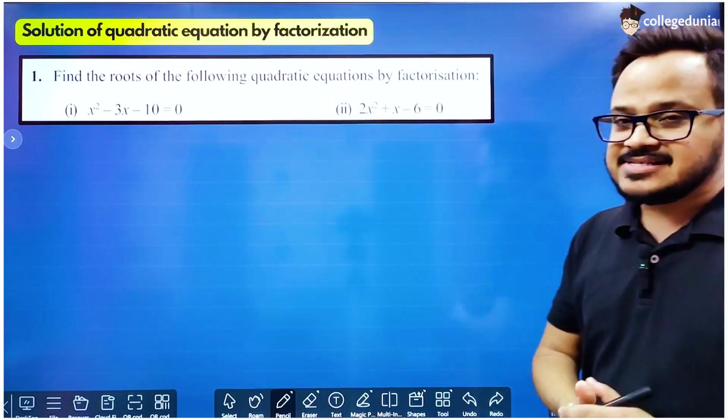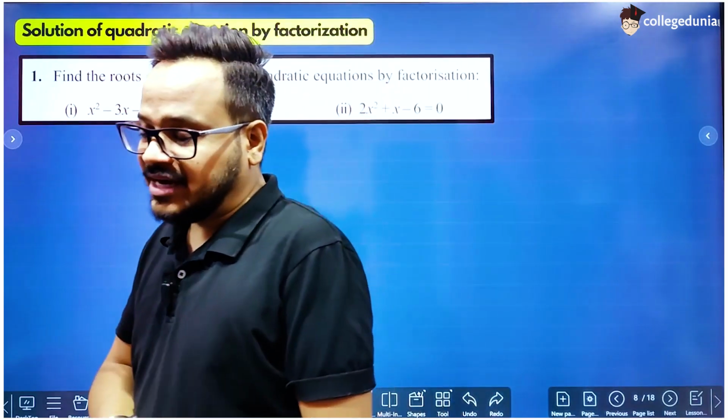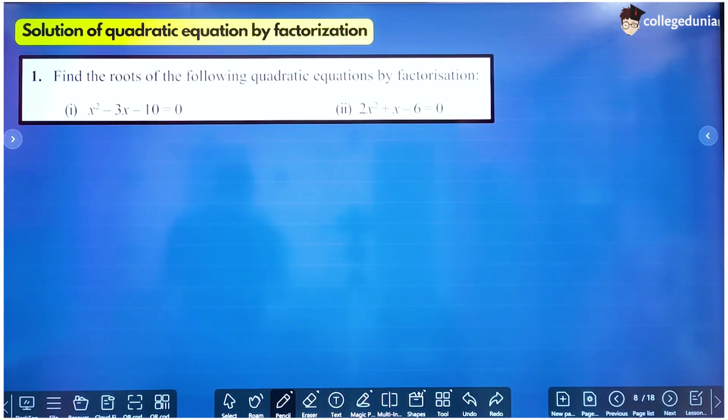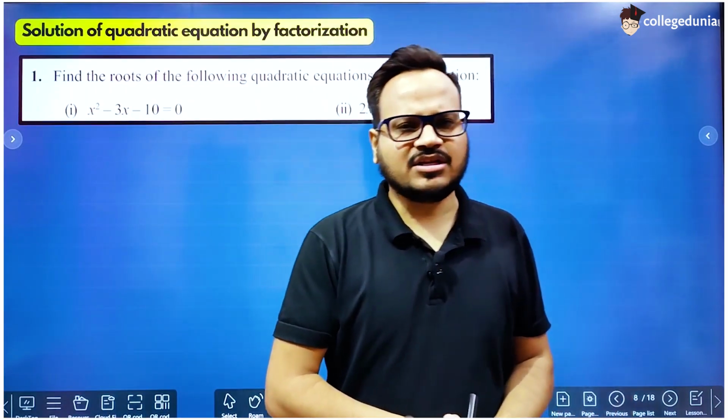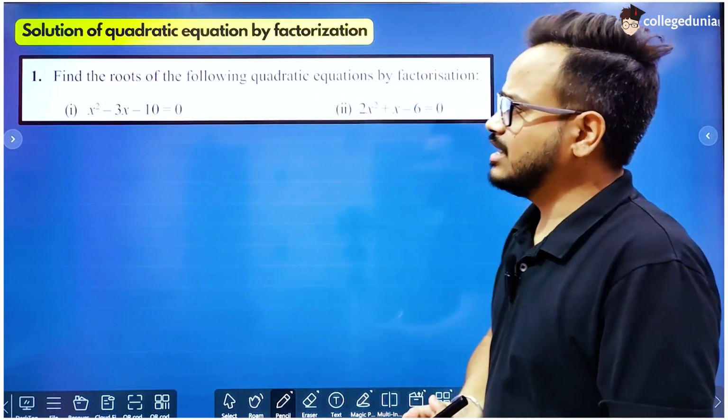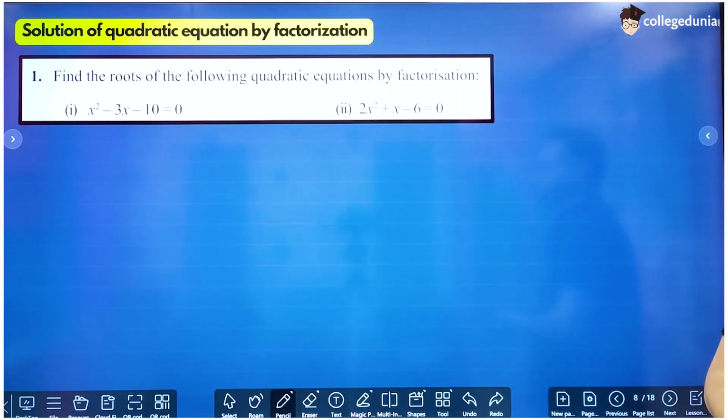Okay, now let's discuss a few important methods of solving the quadratic equation. The first method is called splitting the middle term. You must have heard about this method in previous classes also. It was there in class 8th, it was there in class 9th also.